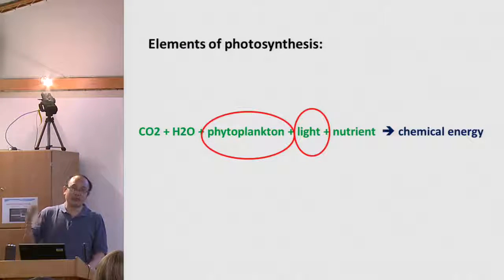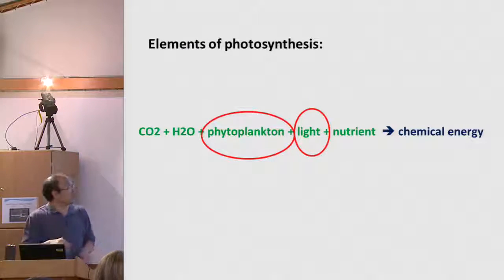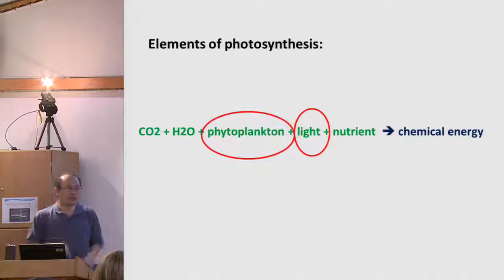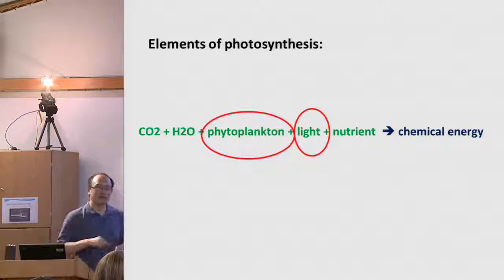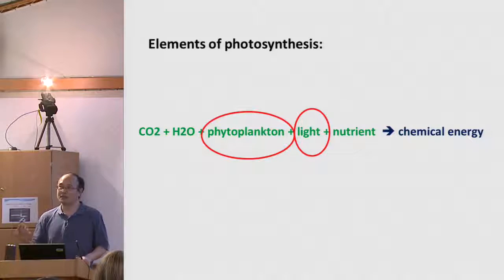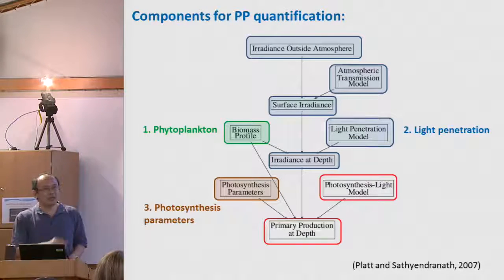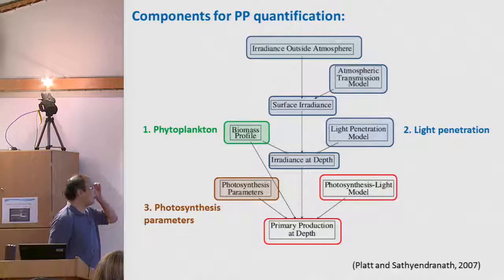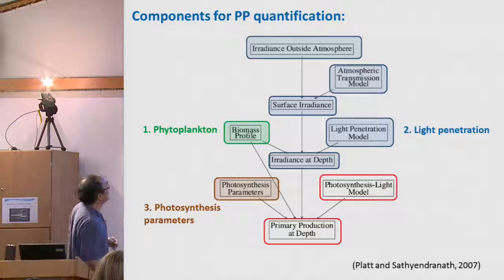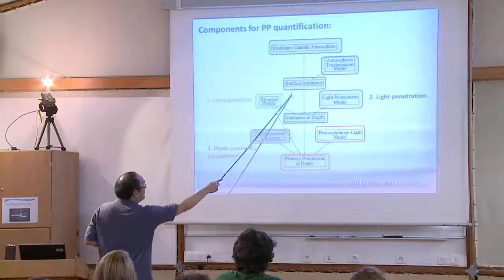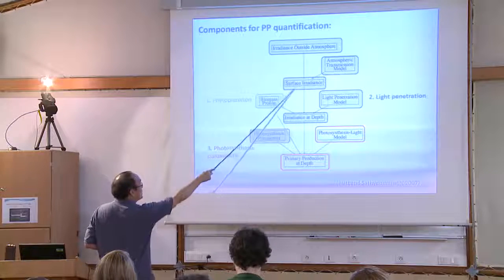But then, because in the early days the primary productivity model is based on chlorophyll concentration, this phytoplankton is represented using chlorophyll concentration. That's why we want that. But you look at the bigger picture about photosynthesis, okay? At the surface, you get the light, then at some depths, the irradiance gets to depth.